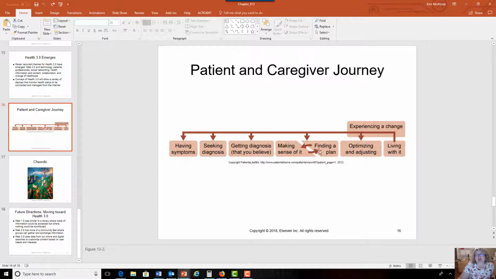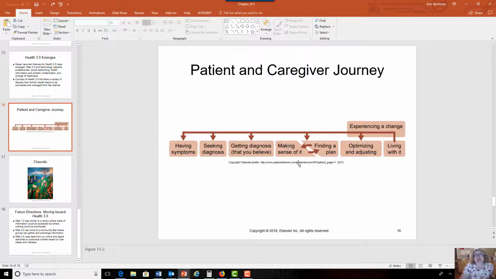This just kind of shows the patient and the caregiver journey on eHealth. They begin having symptoms, and then they start trying to figure out what this is, and they go on different websites maybe and try to figure out, do I need to see my doctor, do I not? And then actually getting a diagnosis that they agree to, that they believe. Sometimes that takes seeing more than one provider.